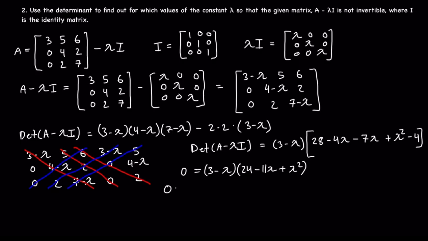I'll write this equation again. So we have 3 minus lambda, and I'm going to rearrange this so it looks nicer: lambda squared minus 11 lambda plus 24.